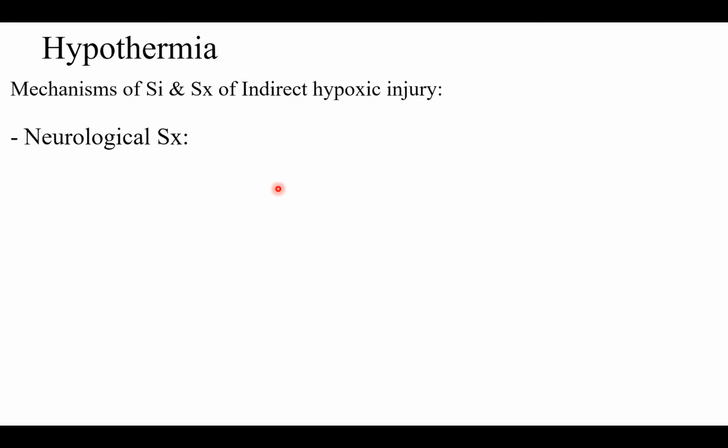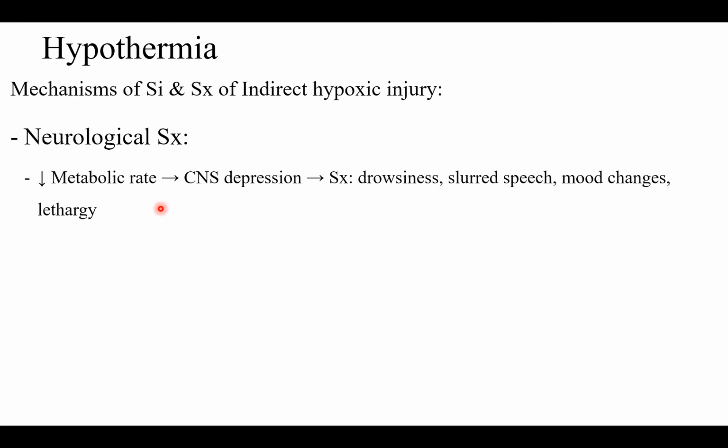So what are the mechanisms of signs and symptoms of indirect hypoxic injury? Let's take neurological symptoms. Decreased basal metabolic rate causes CNS depression, and that leads to drowsiness, slurred speech, mood changes, and lethargy.